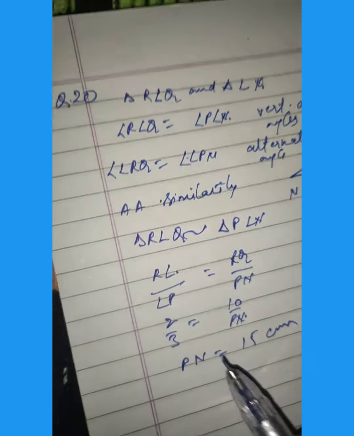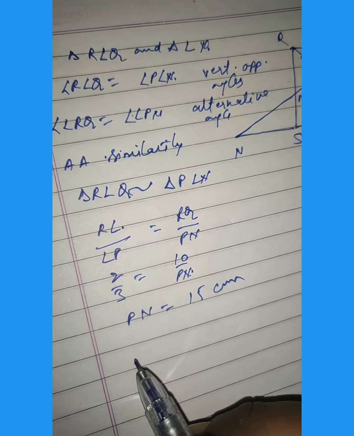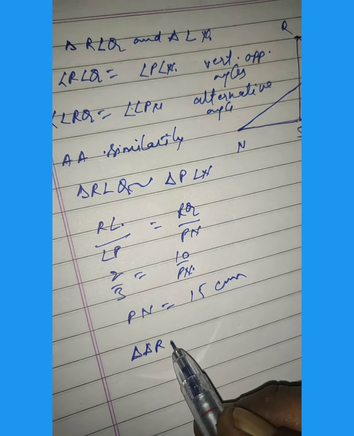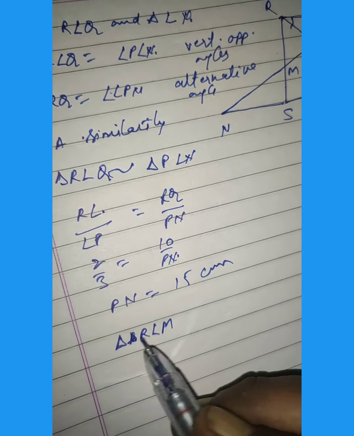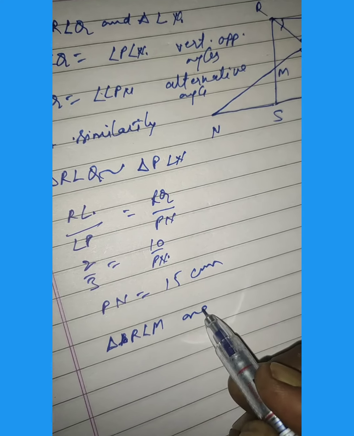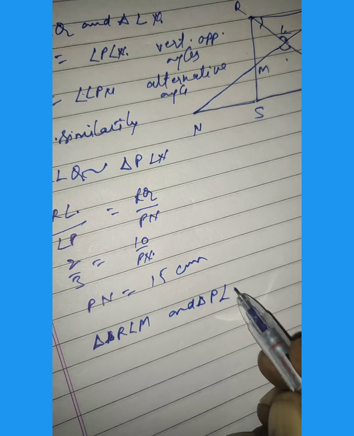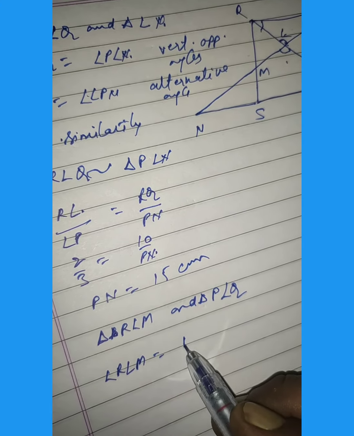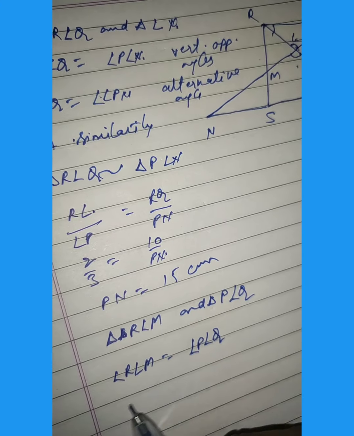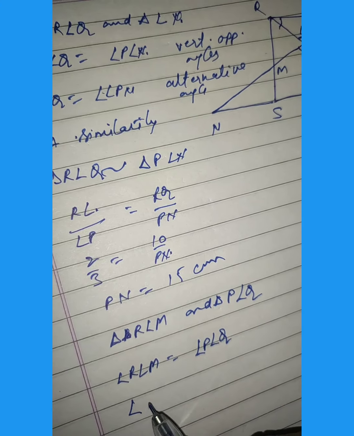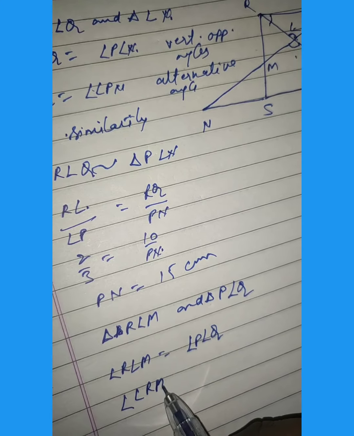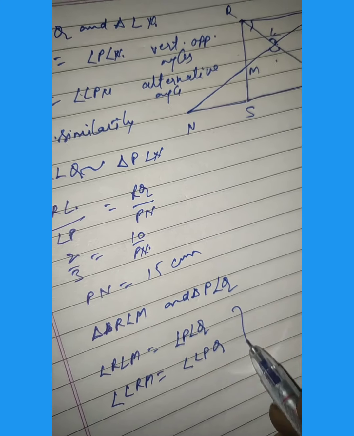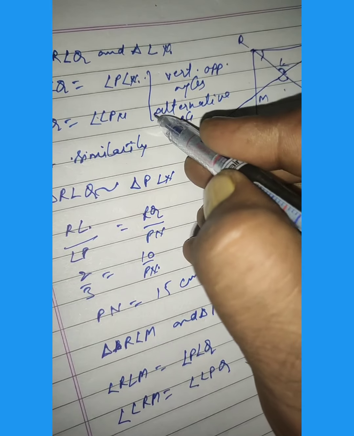Now choose triangle RLM and triangle PLQ. Angle RLM is equal to angle PLQ, angle LRM is equal to angle LPQ. The same reason of similarity.